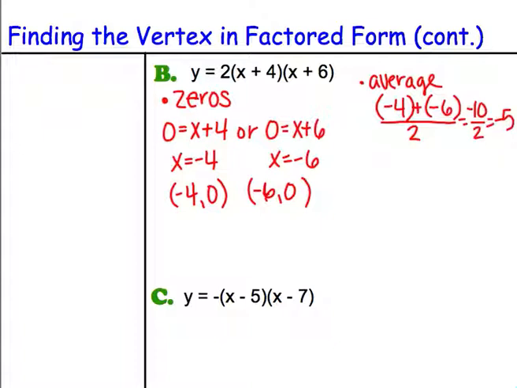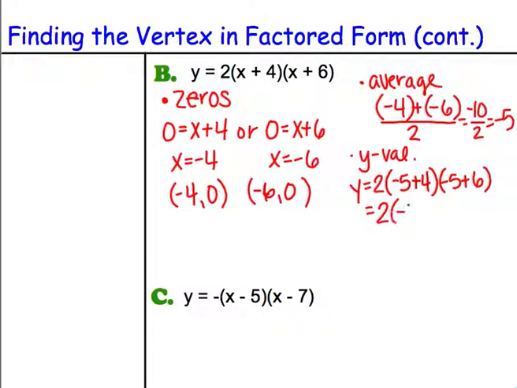Then we substitute that back in to get our y value. In our original equation, we get y equals 2 times (negative 5 plus 4) times (negative 5 plus 6), which is equal to 2 times negative 1 times 1, which equals negative 2.